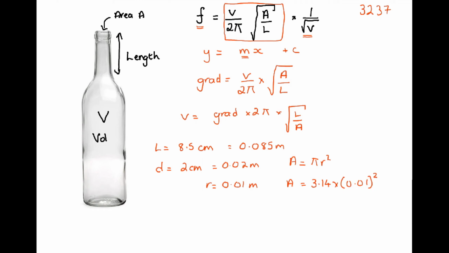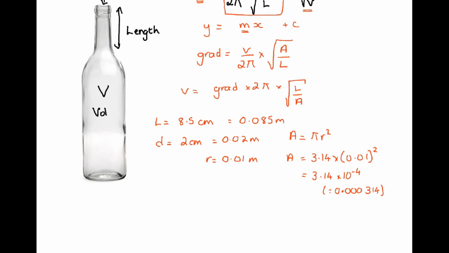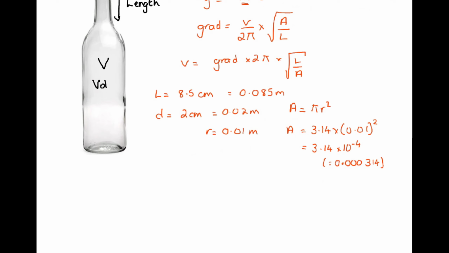Now on a calculator, that's probably going to give you as your answer 3.14 times 10 to the minus 4, but that just means 0.000314. Okay, so the next step is to put our L and our A together under that square root sign.